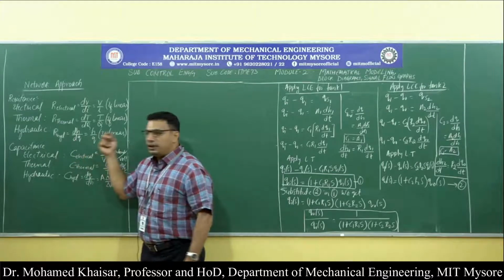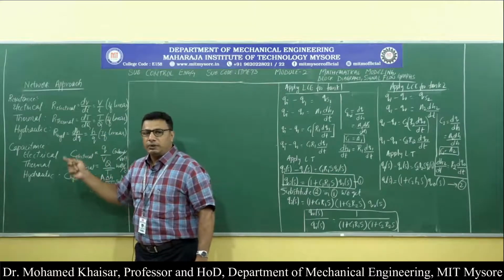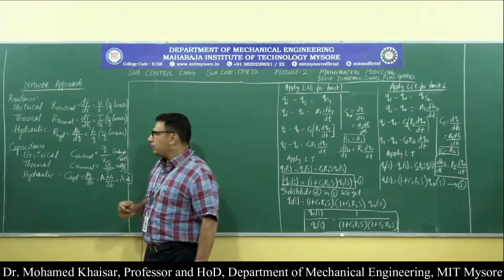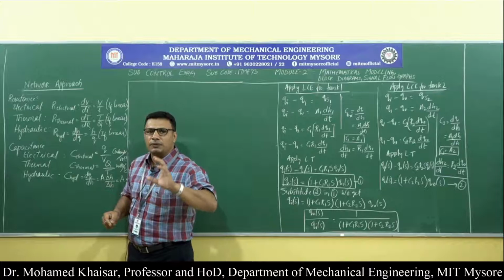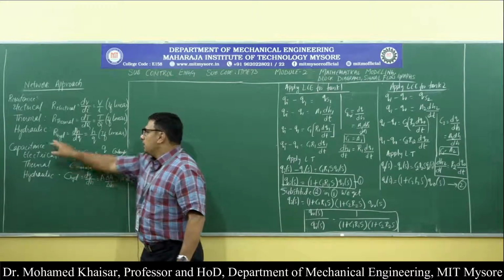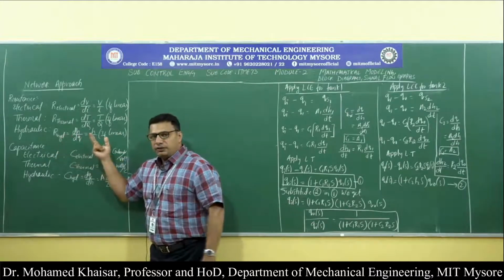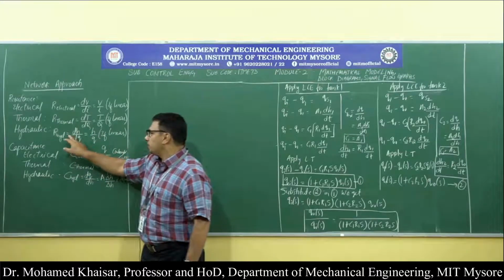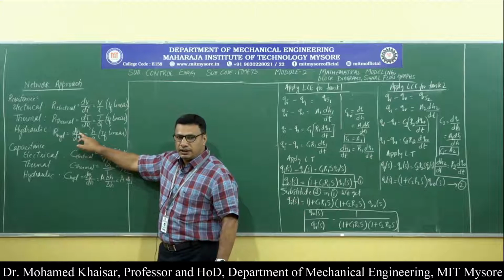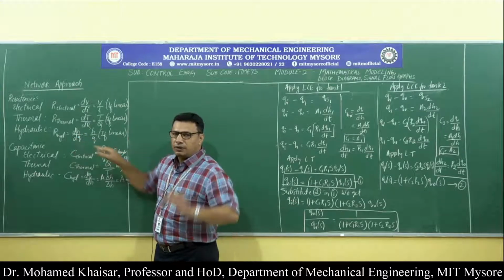Then if we consider the resistance as applied to the hydraulic system, what does it mean? Obviously it is the resistance offered to the flow of liquid. The relationship for hydraulic resistance will be the change in the head to the change in the flow of liquid.